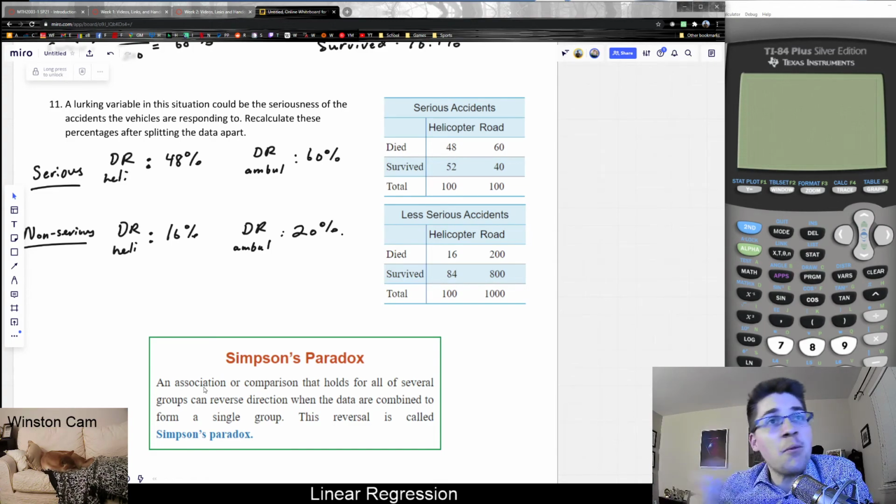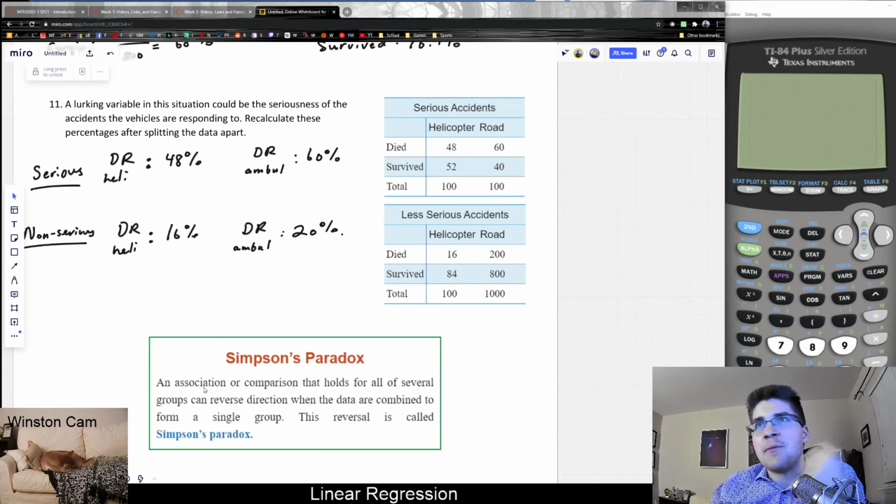Statistics can be used very poorly, and also in a very good way. And it's up to us to understand what is good use of statistics and what is misleading. Anyways, not to get off on that tangent.